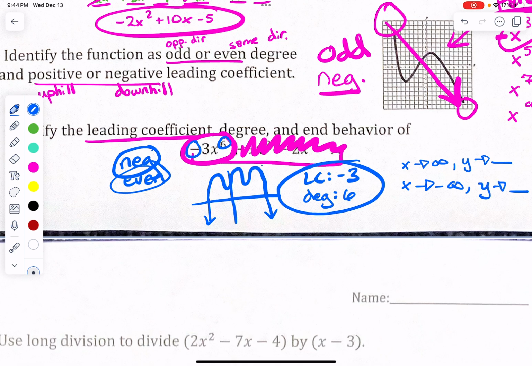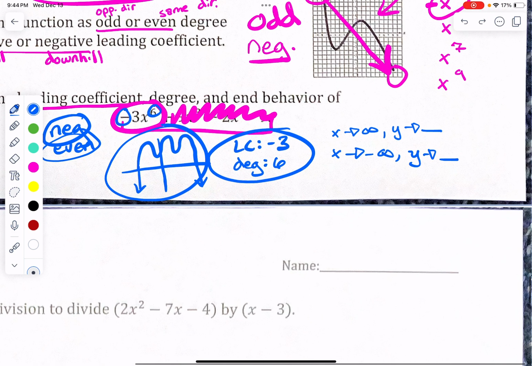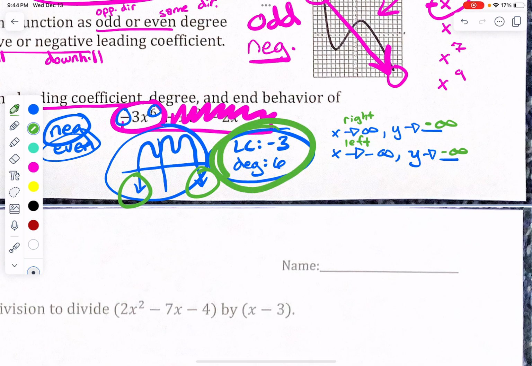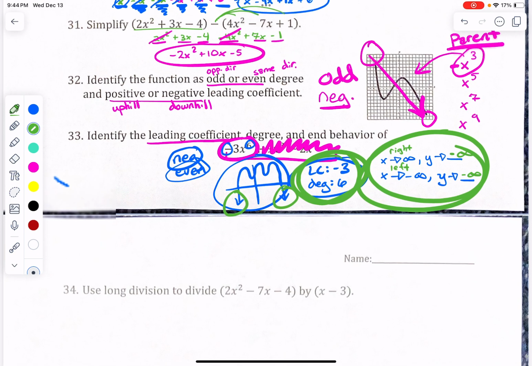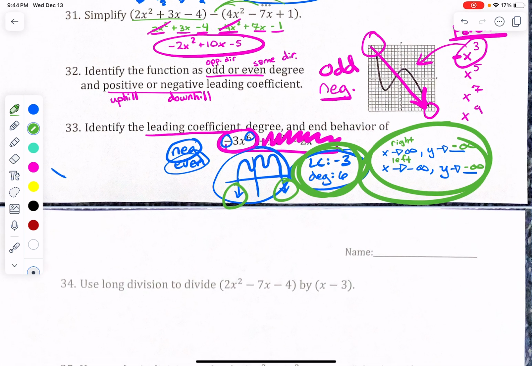I just have to figure out, based on this graph that I've created from the degree and leading coefficient, what it looks like. As x is going to the right, he is going down, so he's going toward -infinity. As x is going to the left, he is going toward -infinity as well. He is going down and down. So leading coefficient, degree, and end behavior is what they wanted there. Those are my 3 pieces, and that's it.